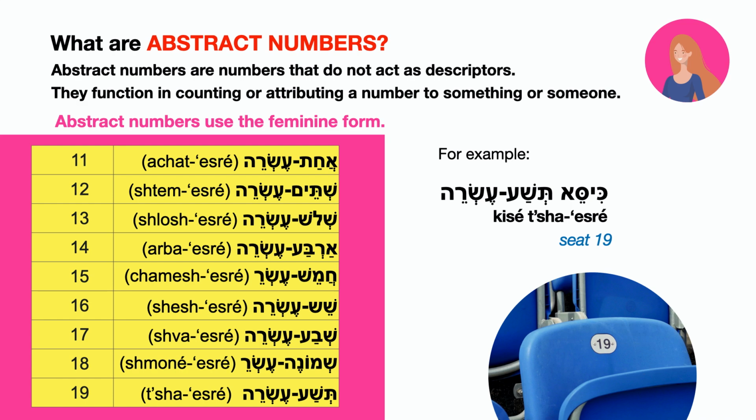It is seat number 19. So to say that, Kise 19. Kise means chair or seat, and 19 is the feminine form of the number 19. So to say seat number 19, we say Kise 19.